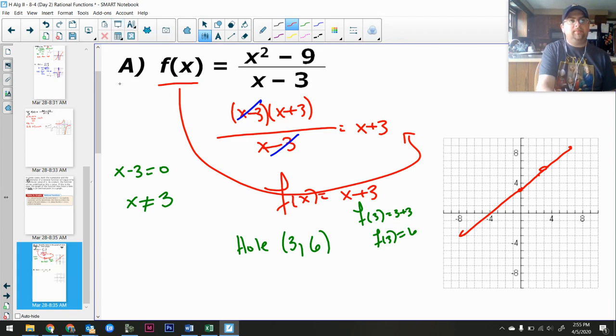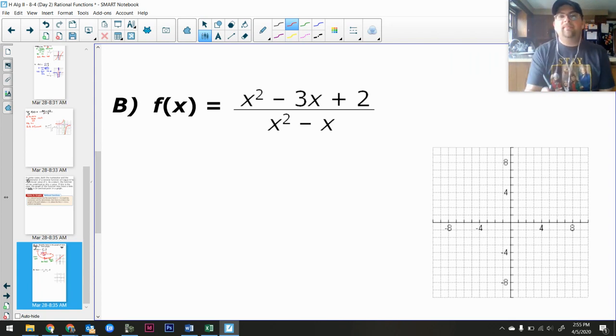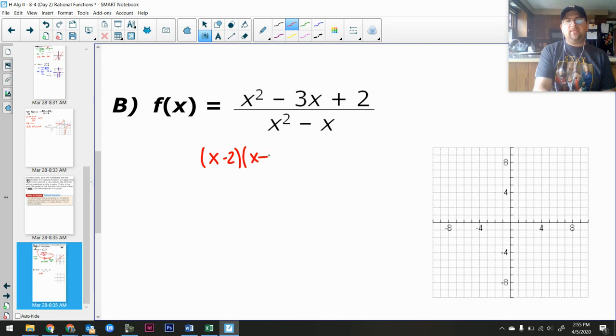Let's do one more. All right, so I take this one here, x squared minus 3x plus 2 over x squared minus x. If I factor the numerator, it's x minus 2 and x minus 1. Factors of 2 that add to get negative 3 are negative 2 and negative 1.